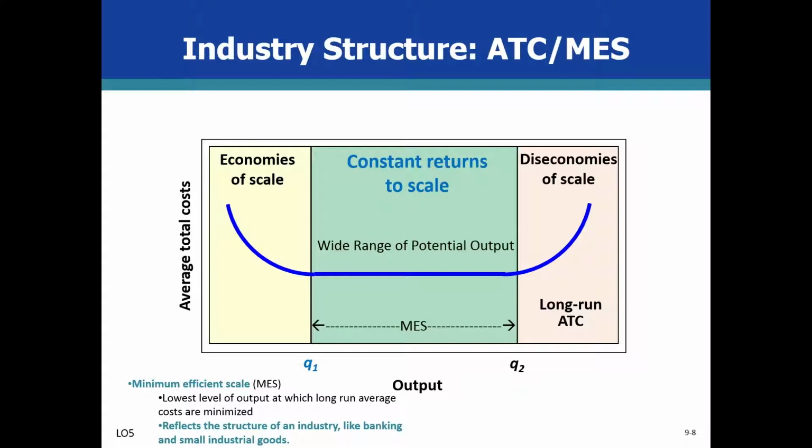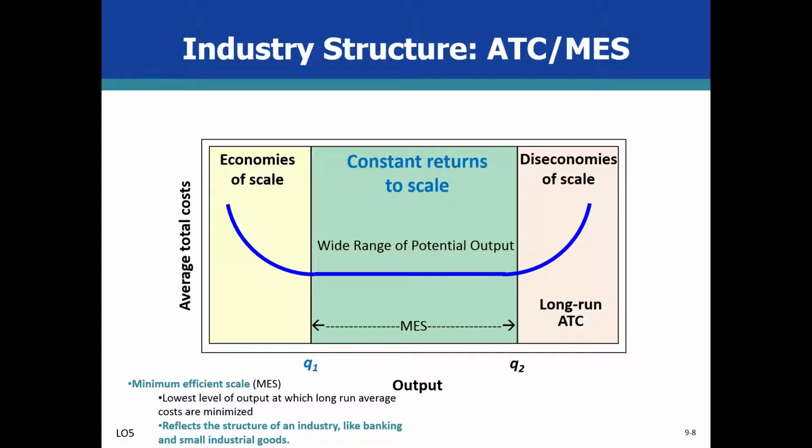The lowest average total cost is generated at output Q1, shaded in blue. So the firm operating in this industry at Q1 production level would generate the lowest average total cost. However, the firm producing at Q2 would also have the same average total cost.